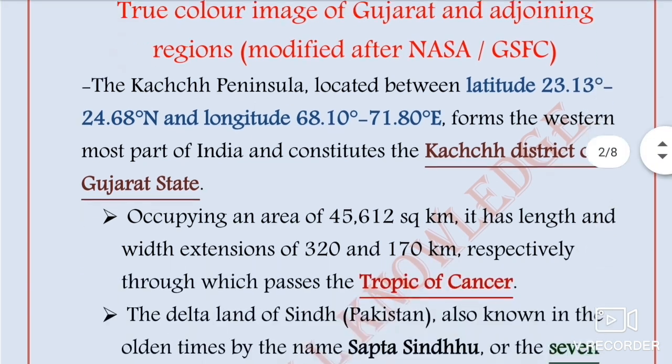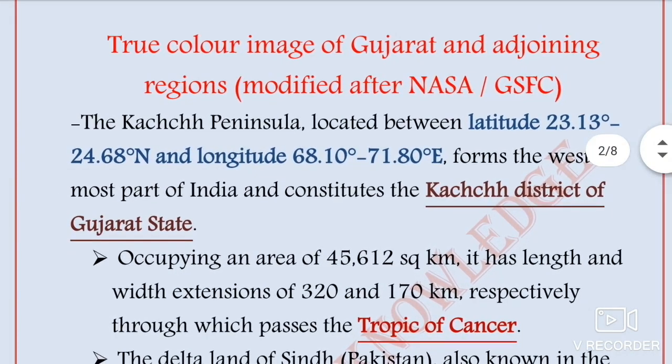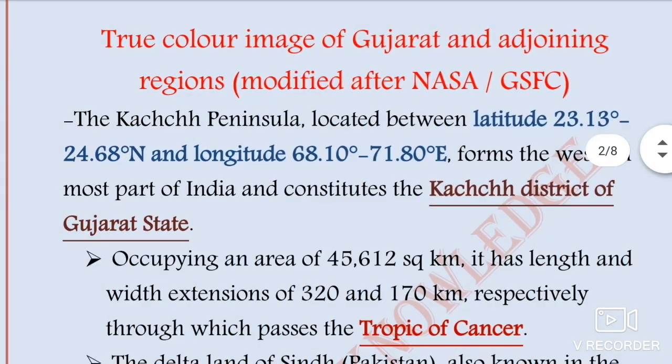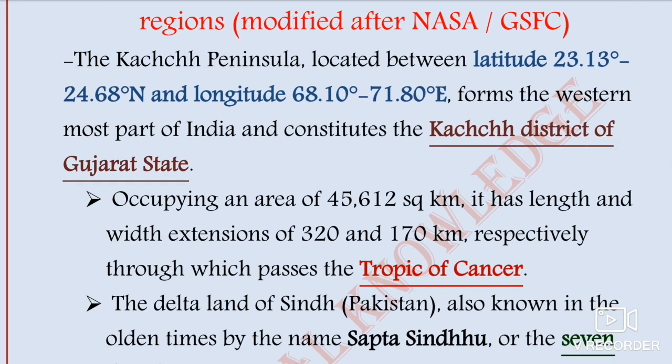so we will start our discussion with some very basic general information about the Kachchh Peninsula. The Kachchh Peninsula is located between latitude 23.13 degrees to 24.68 degrees north, and longitude of 68.10 degrees to 71.80 degrees east.